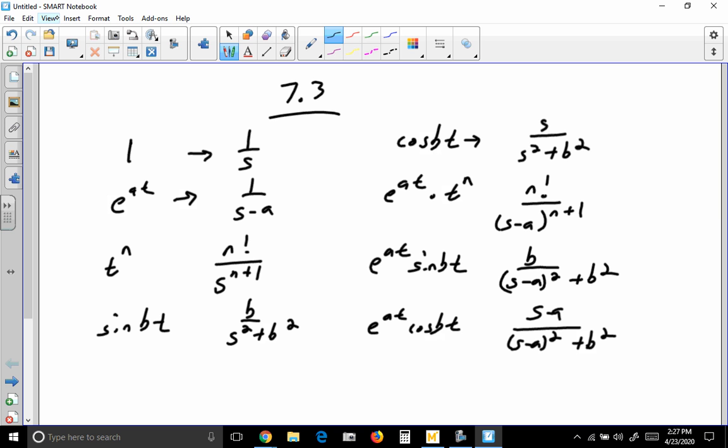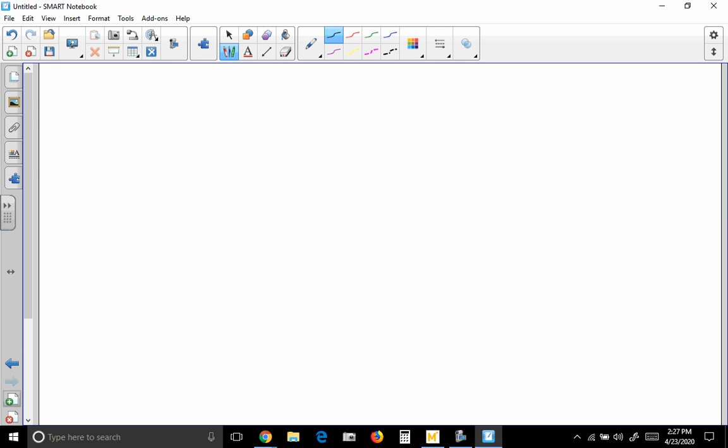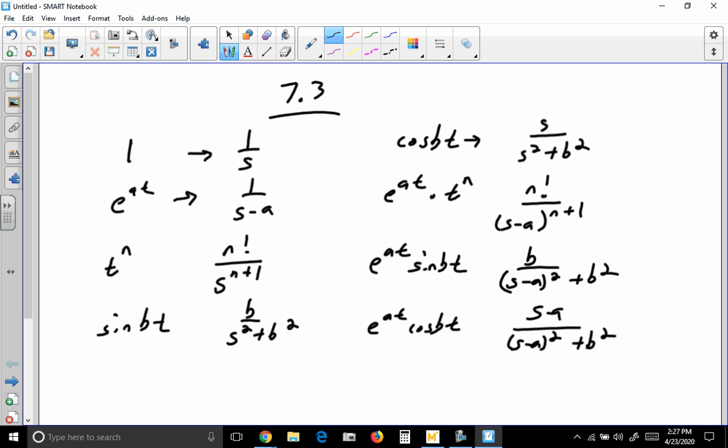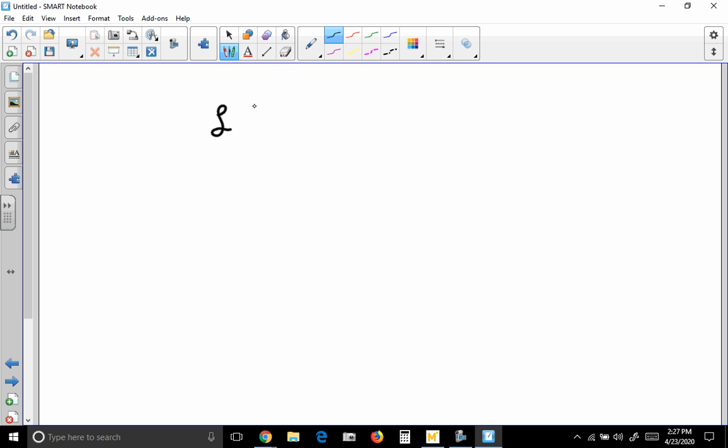So those are the transforms that we had from 7.2. Now we want to list some properties that we have in 7.3. One of them is tied to these last two, and that's when we do the transform of e to the at times f of t.